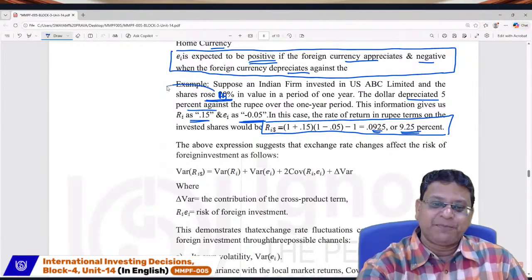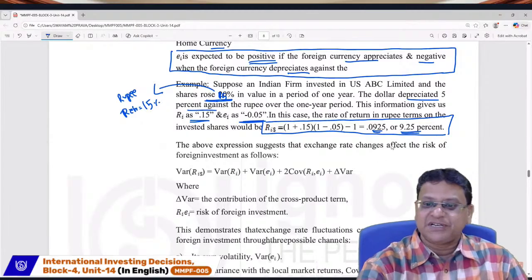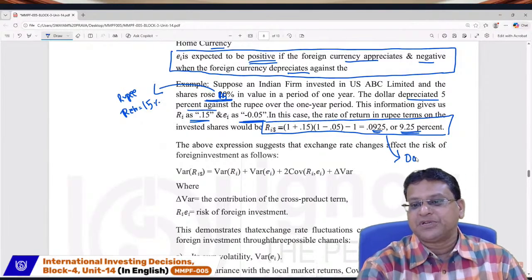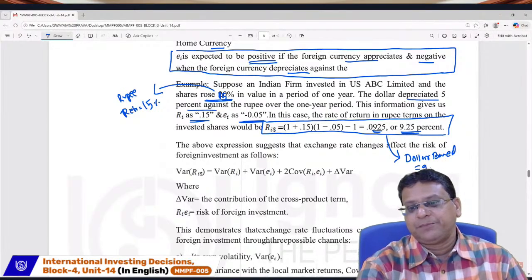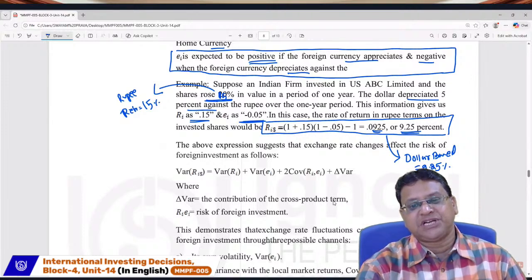Though your share price increased in rupee term by 15%, the rupee return is 15%, but the dollar based return will be 9.25%, because foreign investments are subject to exchange rate risk or currency risk.